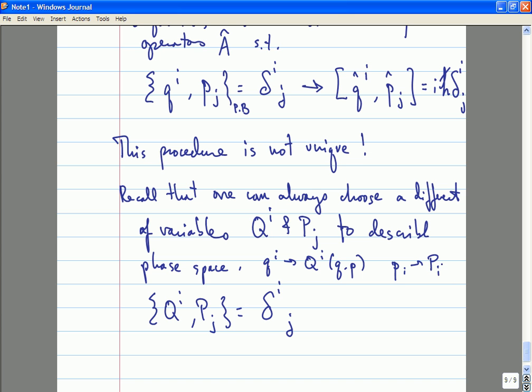And provided we choose our new variables to satisfy the same fundamental relationship, that their Poisson bracket is equal to either 1 or 0, then that should give you a completely identical description of the classical physics. So this change of variables, which preserves the canonical Poisson bracket, is known as a canonical transformation.